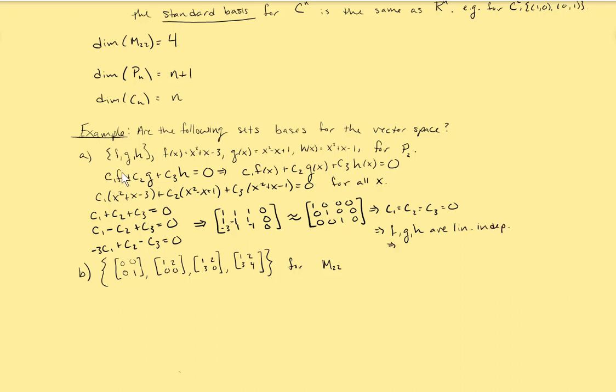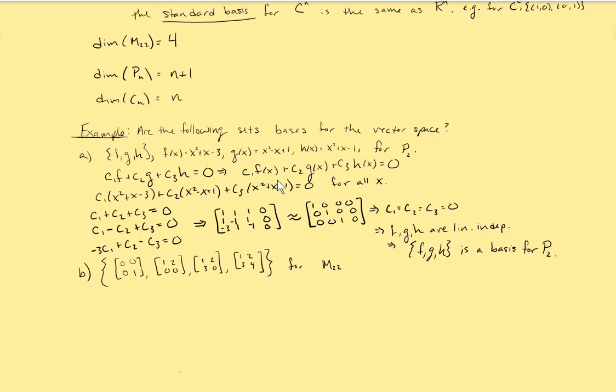Since we've got 3 linearly independent vectors in this vector space P2, and 3 is the dimension of P2, we saw a theorem earlier that tells us we don't have to check span, we get span for free. We know this forms a basis for P2.